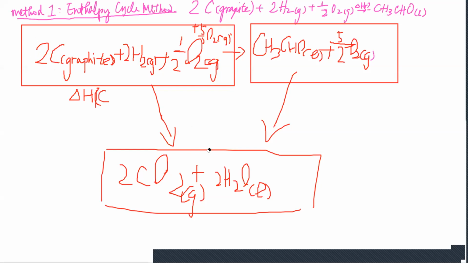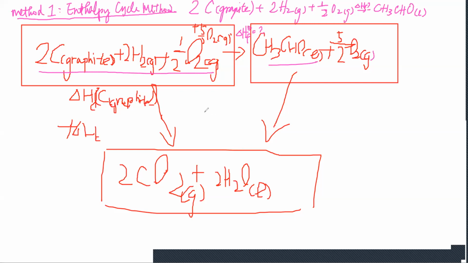Yes, that's right. Let us check the data one by one. While he's writing, this enthalpy change is the delta H formation. This is what I would like to get.